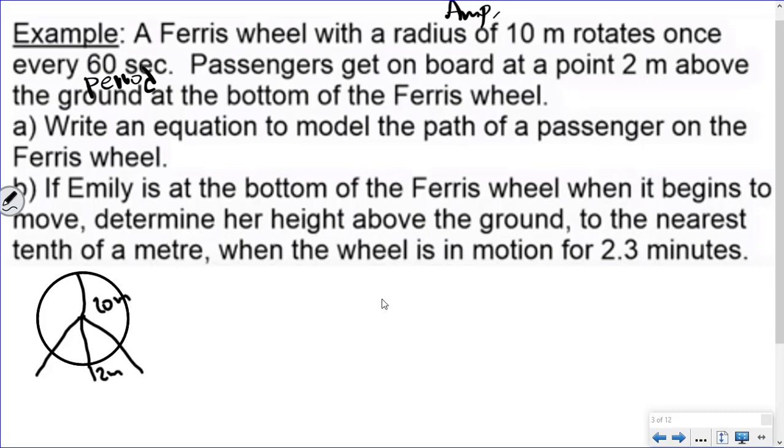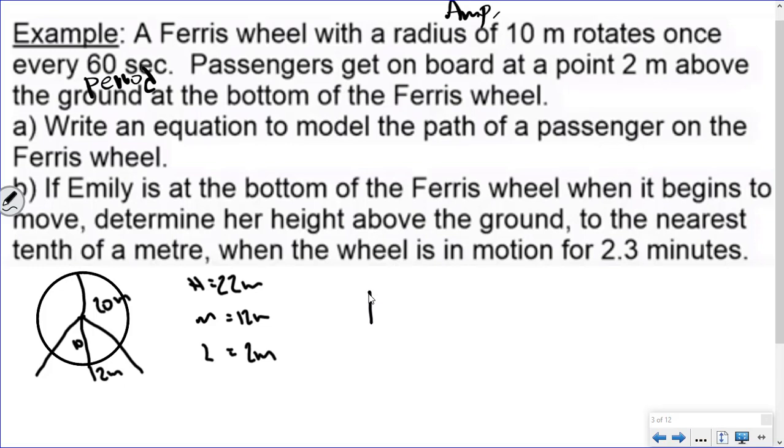So then if I look at my high, middle, and low points, my high point is this bottom part plus the 20, so 22 meters. My middle is this bottom part plus the radius, which is 10, so 12 meters. And my low is the bottom of my graph, which is 2 meters.